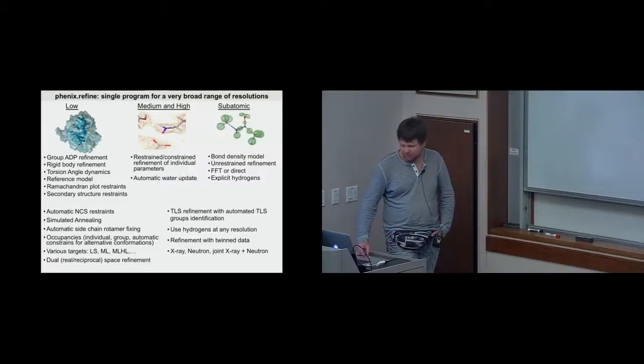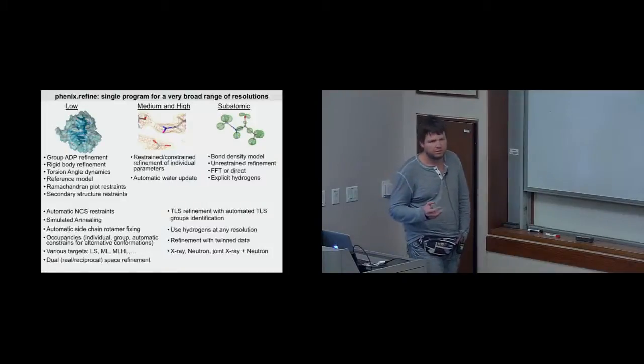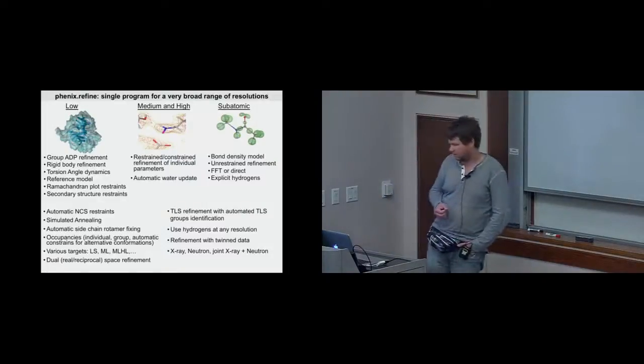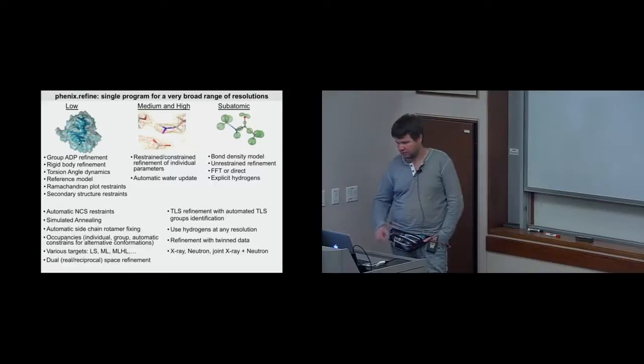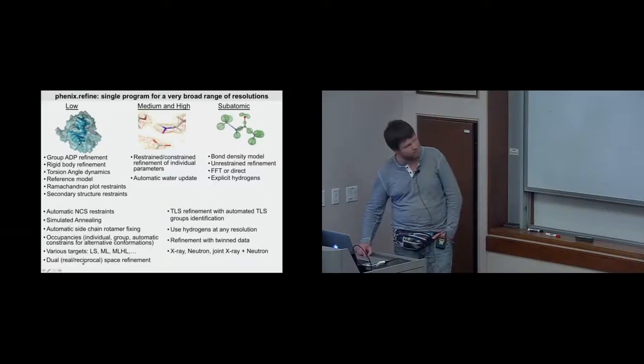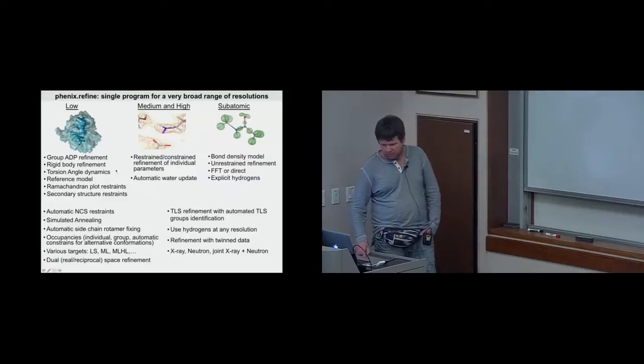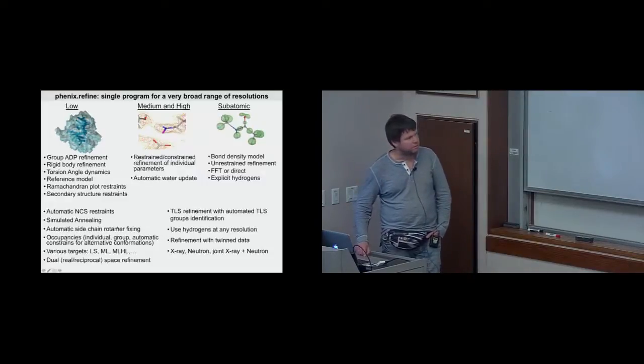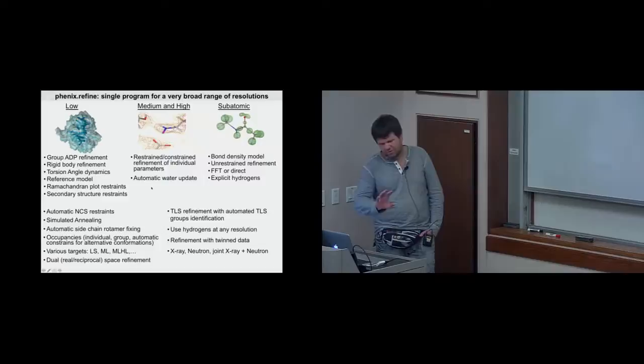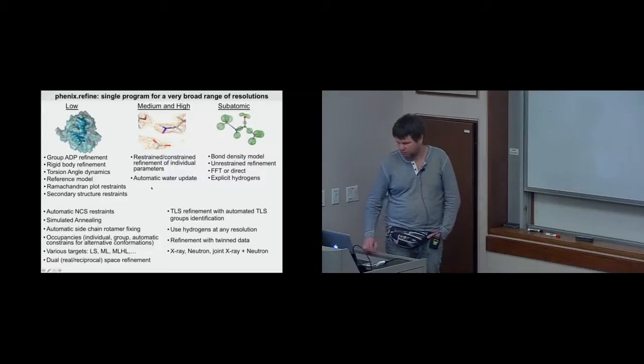We can do it in Phenix.refine too, but we can also refine against low resolution data with all these new restraints specifically designed for low resolution refinements. And we have various model parameterizations and various tools. I don't have time to go through each of them, but you can see you can do pretty much everything you want to do.